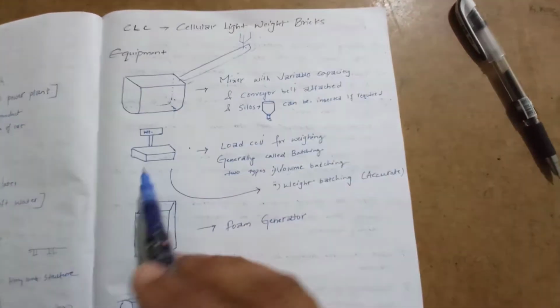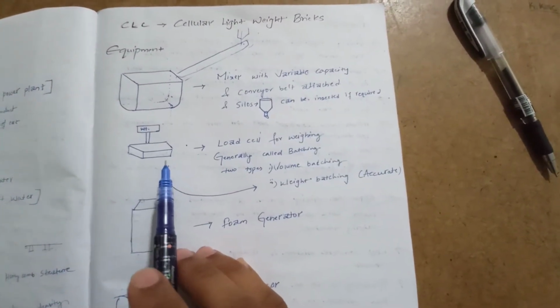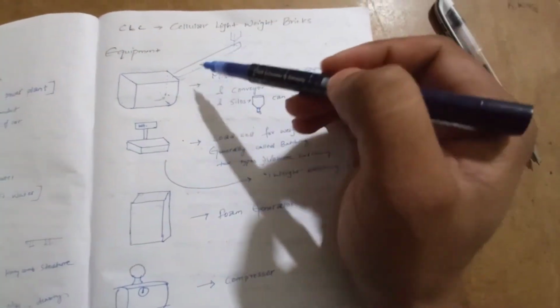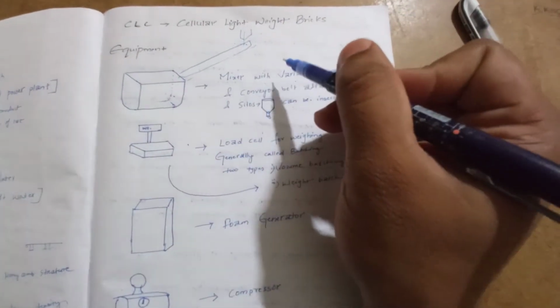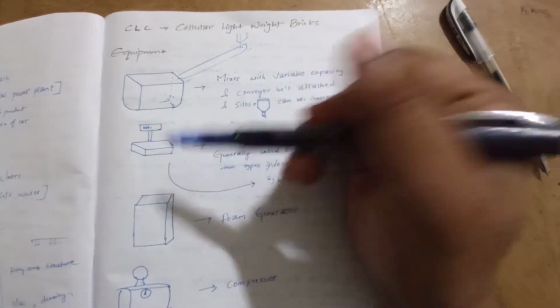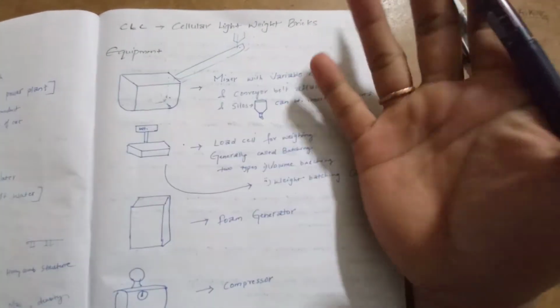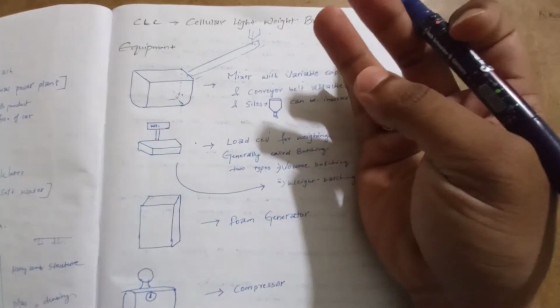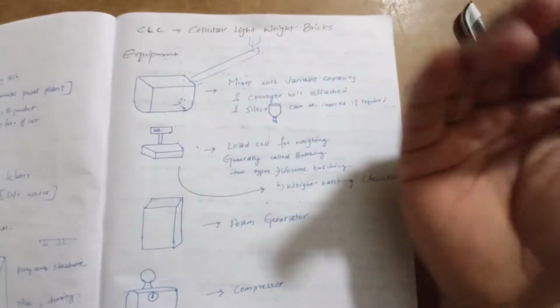A load cell for weighing is attached to this mixer, because we need to know how much quantity of fly ash and cement we have used. Based on this load cell, we'll be able to calculate how much water, fly ash or cement we have included.